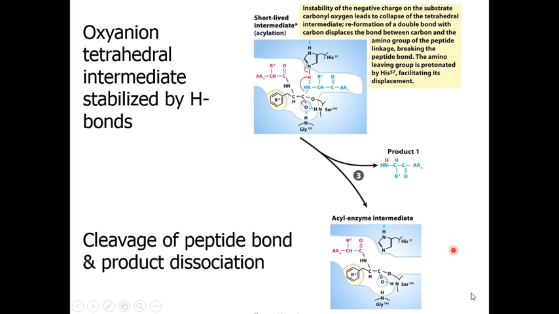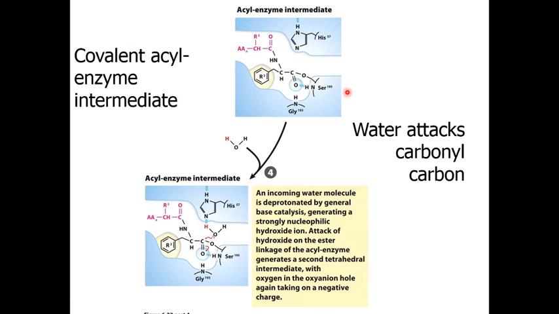This covalent acyl enzyme intermediate that is shown here is a very short-lived intermediate, and there is sufficient evidence from kinetics and also from mass spectrometric studies suggesting that the acyl enzyme intermediate is indeed short-lived and can be observed.